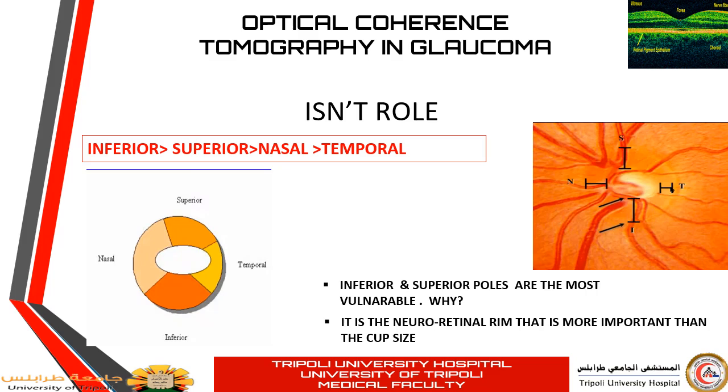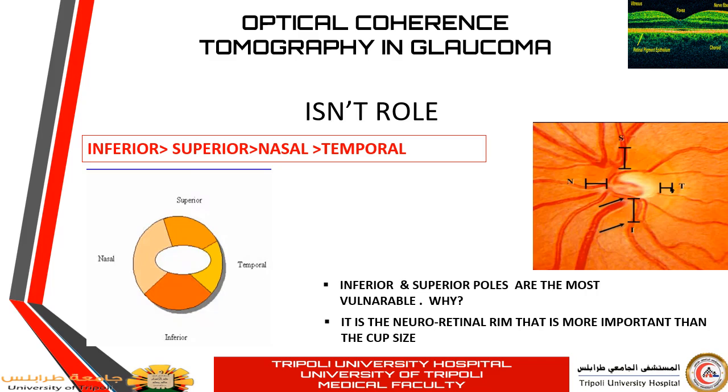It is very important to concentrate on the neuroretinal rim rather than the cup. The cup is a variable. The cup is not a very important or fixed landmark in the diagnosis of glaucoma, because it is variable. You can find a small cup of 0.4 or 0.3 or 0.2, and it is a glaucomatous cup because of the small optic disc.